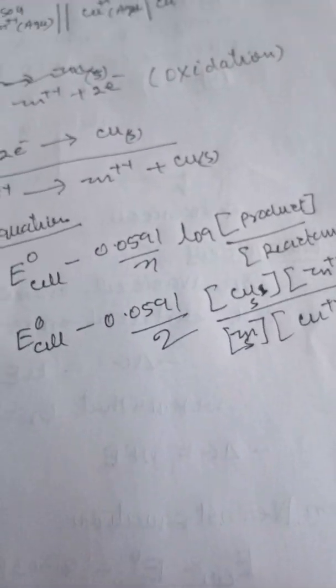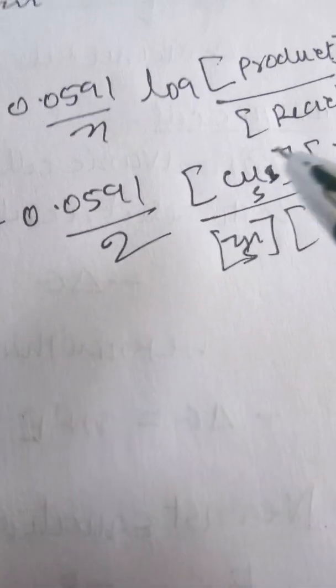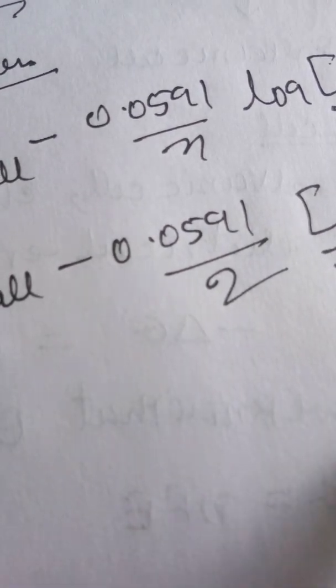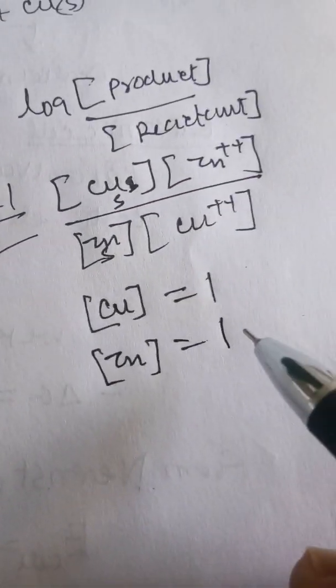But we know that this is the concentration per unit volume. The concentration per unit volume of any solid, copper solid concentration is 1, and also the concentration of the zinc solid is 1.